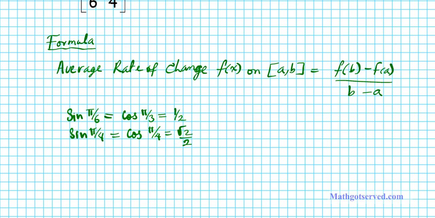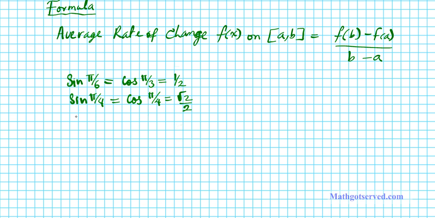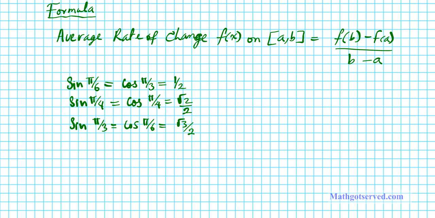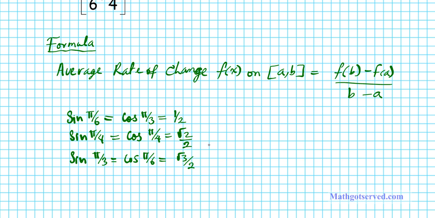And last but not least, sine pi over 3 is equal to cosine pi over 6, and that's equal to root 3 over 2. These are the ones applicable to this problem. There are other ones that you need to have memorized, but I just want to highlight these.